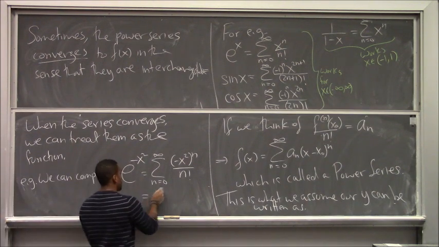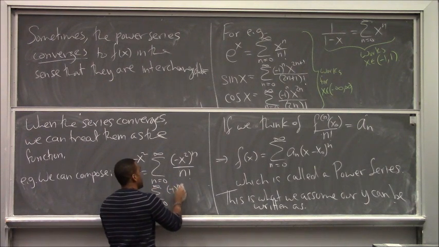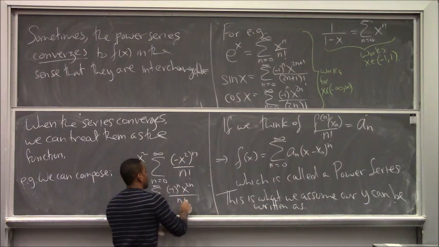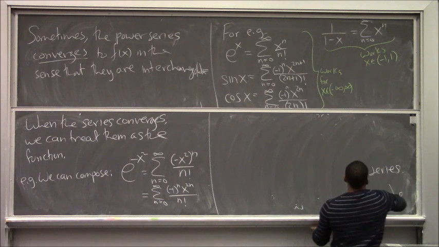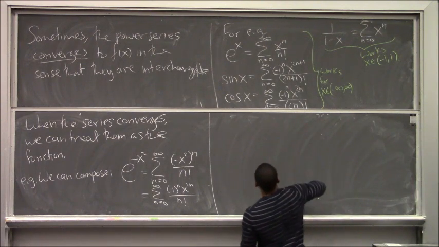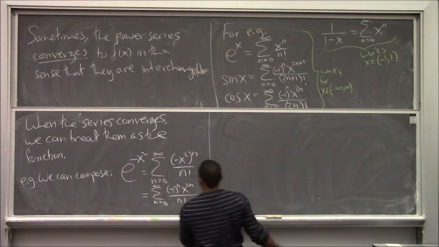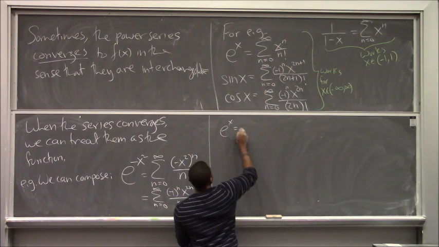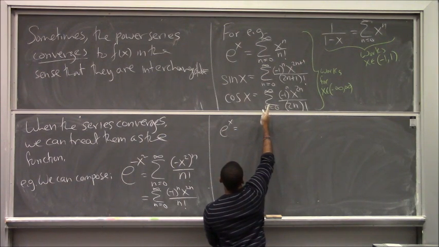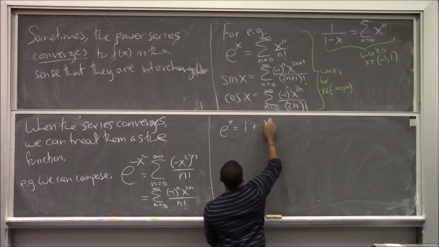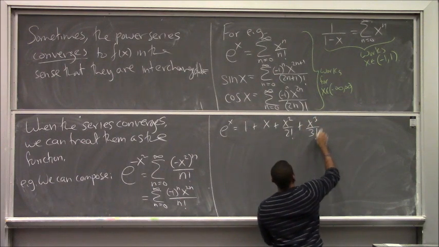Now this would be the sum of minus 1 to the n x to the 2n over n factorial. So e to the x, if I plug in n equals 0, I would get 1 plus x squared over 2 factorial plus x cubed over 3 factorial plus and so on.